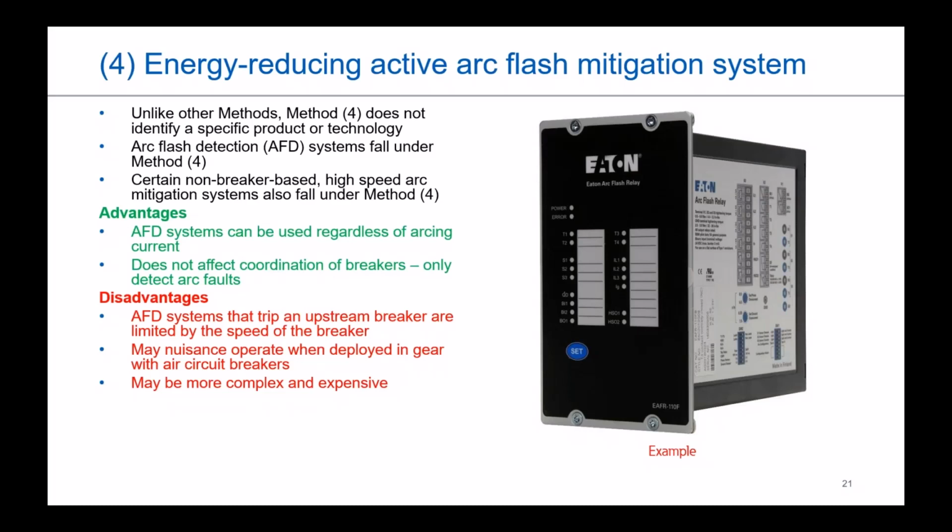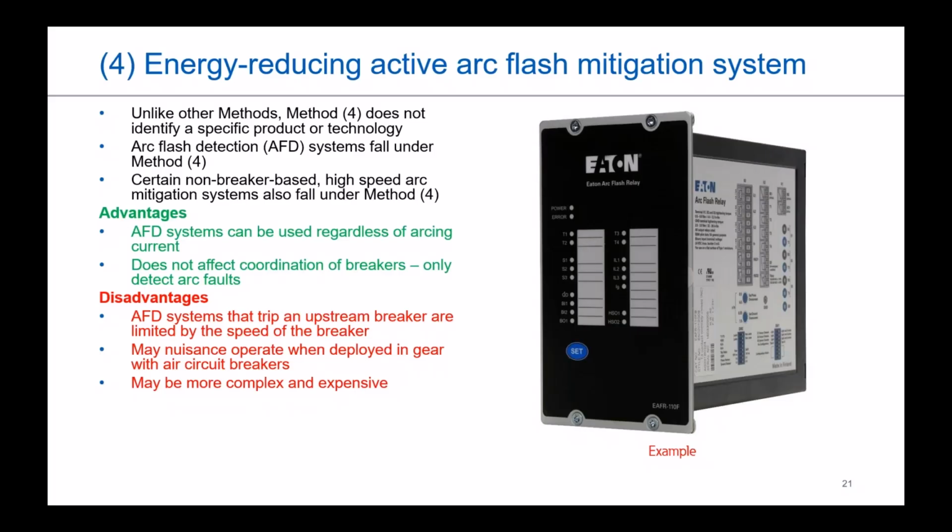So, and I'm going to be kind of spoiling what I'm going to talk about on the instantaneous screen, but you don't have to actually know what your arcing current is going to be. You don't have to calculate that out and make sure you're exact. They can be used at all times, really. And then it doesn't affect the coordination of breakers, because it's detecting where the arc fault's at, and it's going to go and trip accordingly based off how the system's configured.